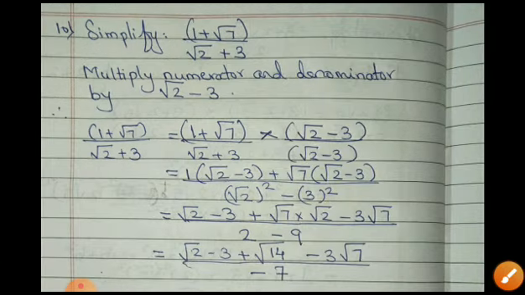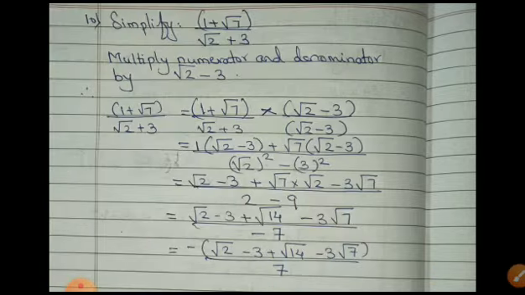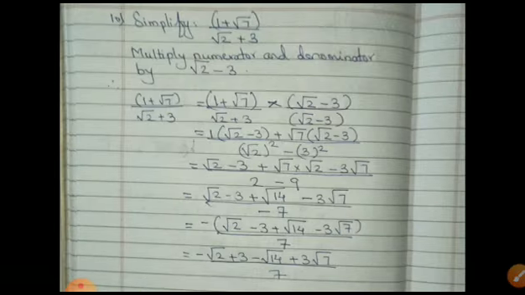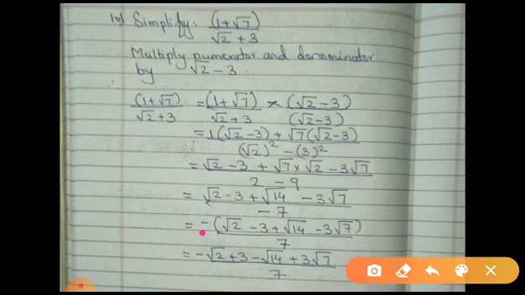Okay. So at the last I'll be having this as the answer. Again denominator is negative. So give that negative to your numerator. And the last answer I'll be getting as minus root 2 plus 3 minus root 14 plus 3 root 7, because I have given this minus sign inside. So there will be a change in the sign.